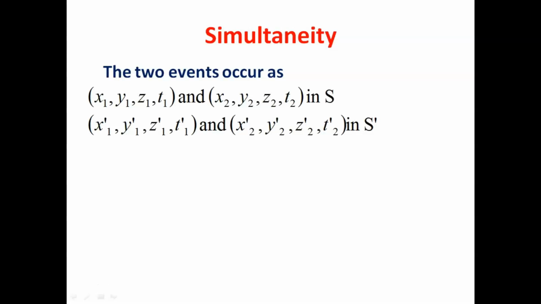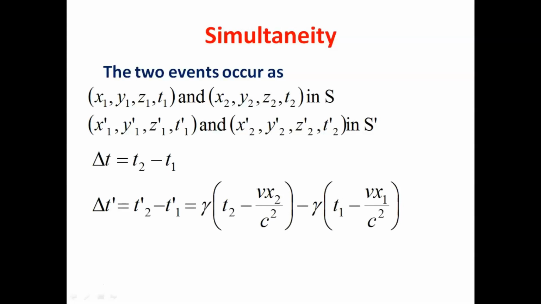The two events for Alice in frame S are x1, y1, z1, t1 and x2, y2, z2, t2. So these events are defined by space coordinates and time coordinates. Similarly, for observer in S dash, the events are x1 dash, y1 dash, z1 dash, t1 dash and x2 dash, y2 dash, z2 dash and t2 dash.